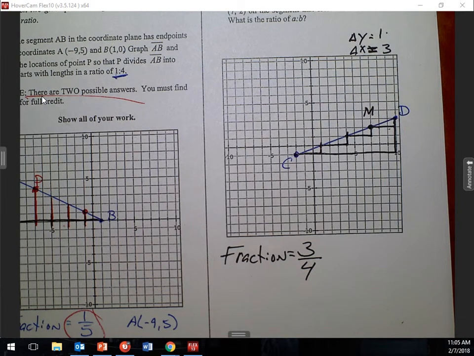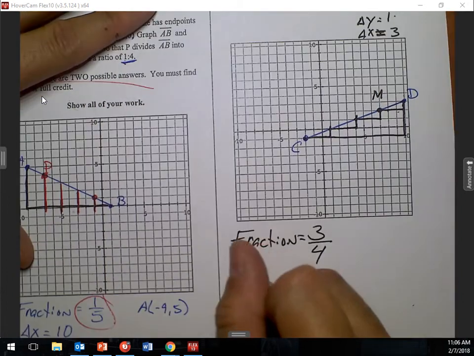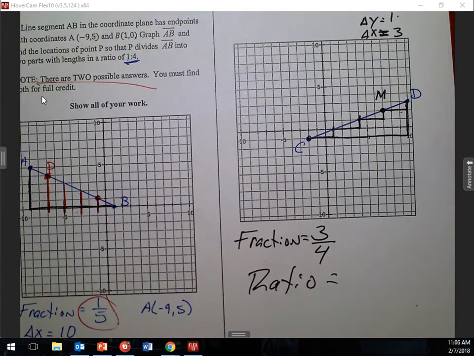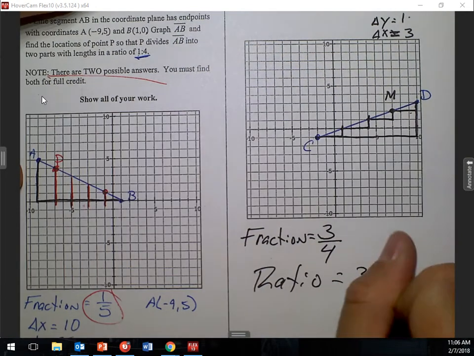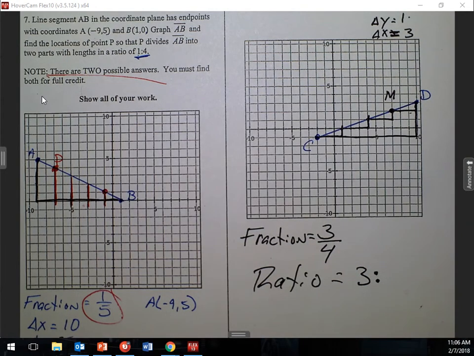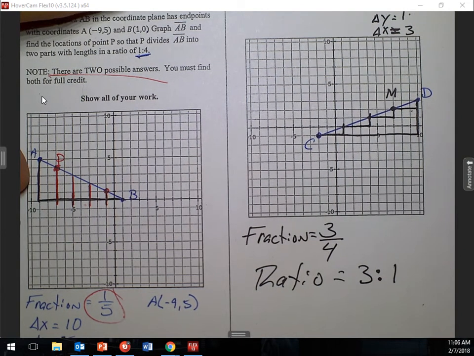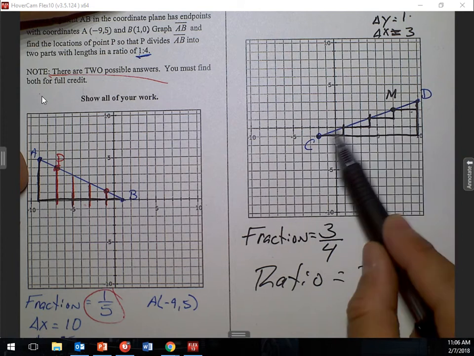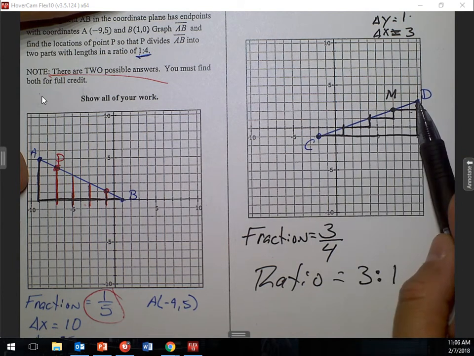Now let's see if you guys paid attention. If my fraction is 3 over 4, what is my ratio? 3 and 1. Very good. Now how many is on this side? There's 3 on this side and 1 on that side.